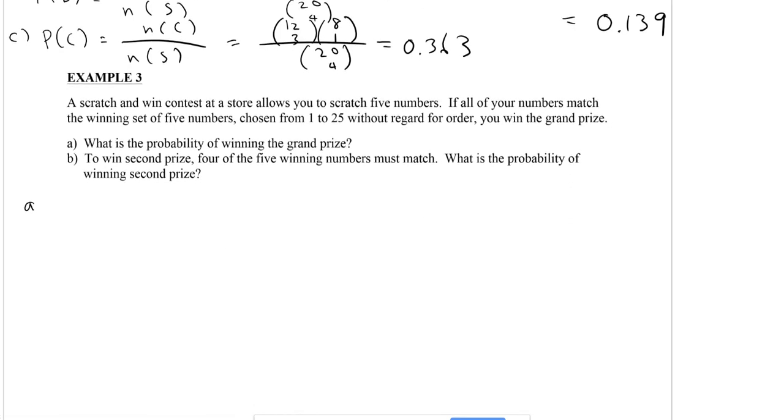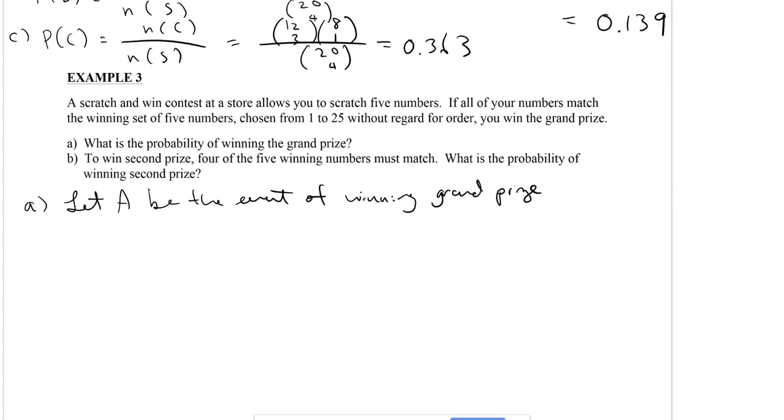So let's try that. First things first, we are going to identify what our event is. So let A be the event of winning grand prize. I'm just going to write exactly what the question is telling me. Now, we have to be very careful here. What does it mean to win a grand prize?